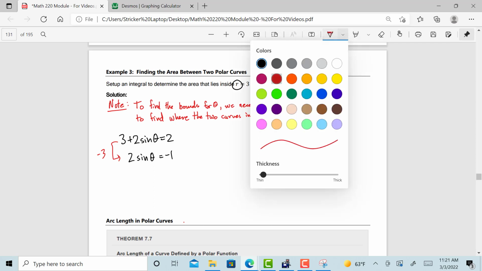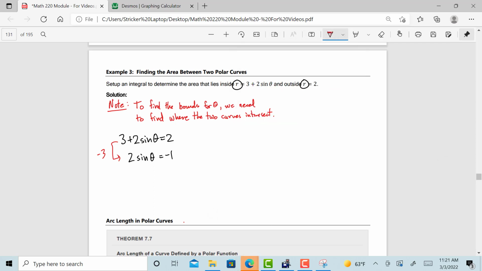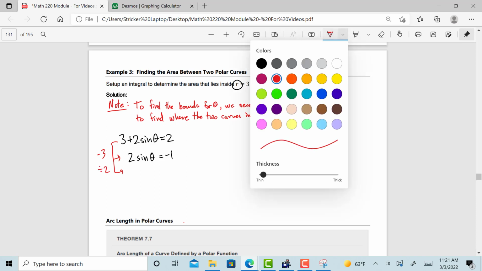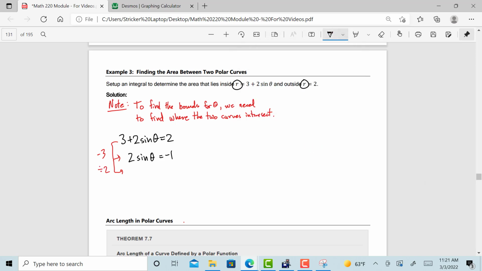What's our next step? Our next step, divide both sides by 2. So we get sine theta equals -1/2. And then we're going to use inverse trig, right? So theta is equal to the inverse sine of -1/2.